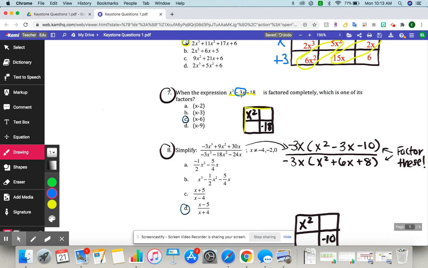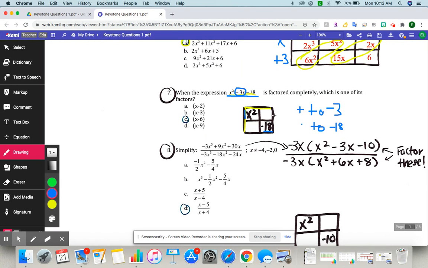So we're just trying to break apart that quantity so that the total inside of the rectangle equates to what we started with. So we know we have to add to negative 3, but we also have to multiply to 1 times negative 18. So multiply to negative 18.